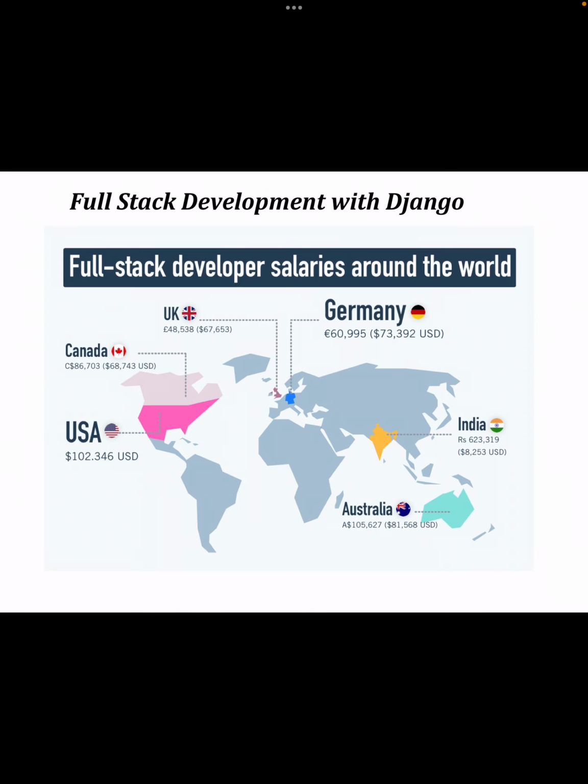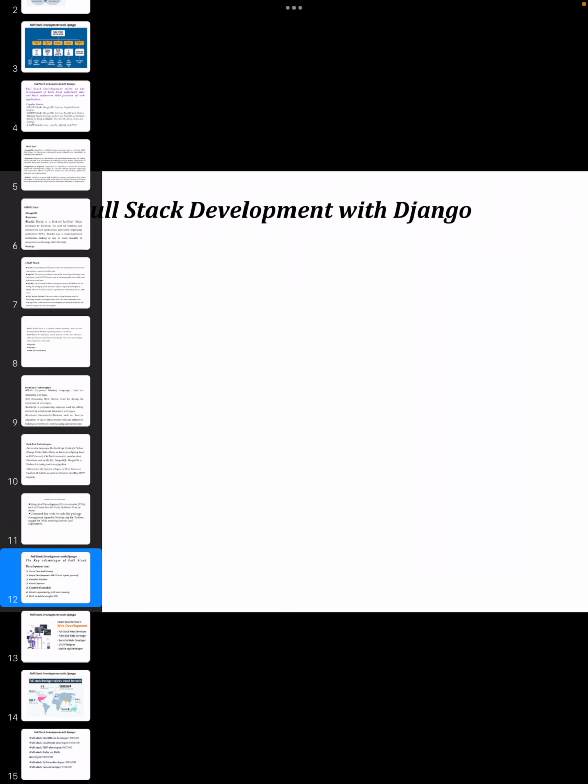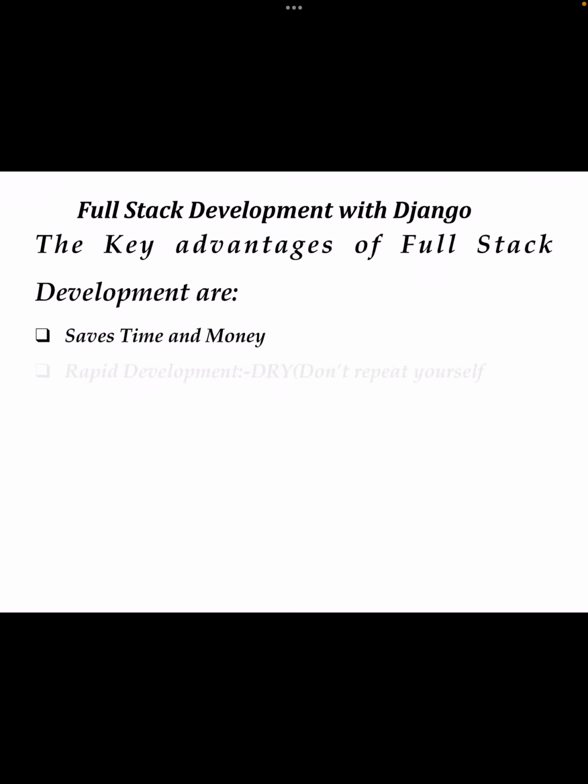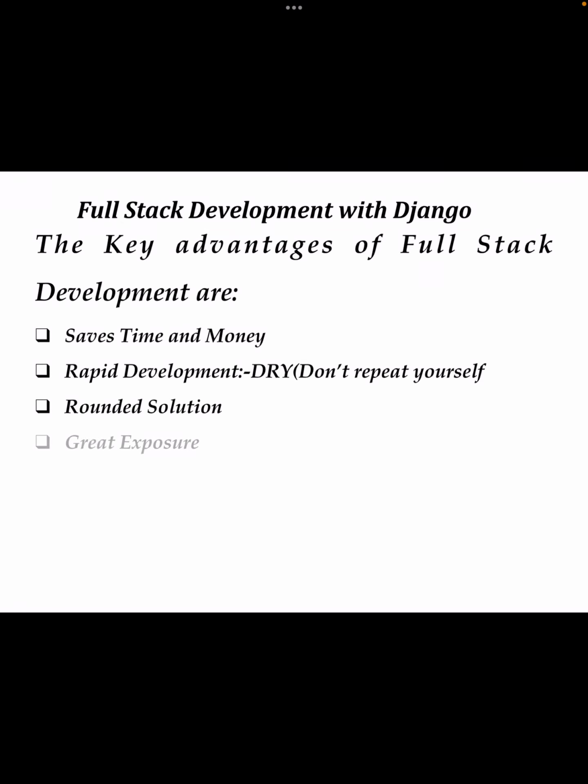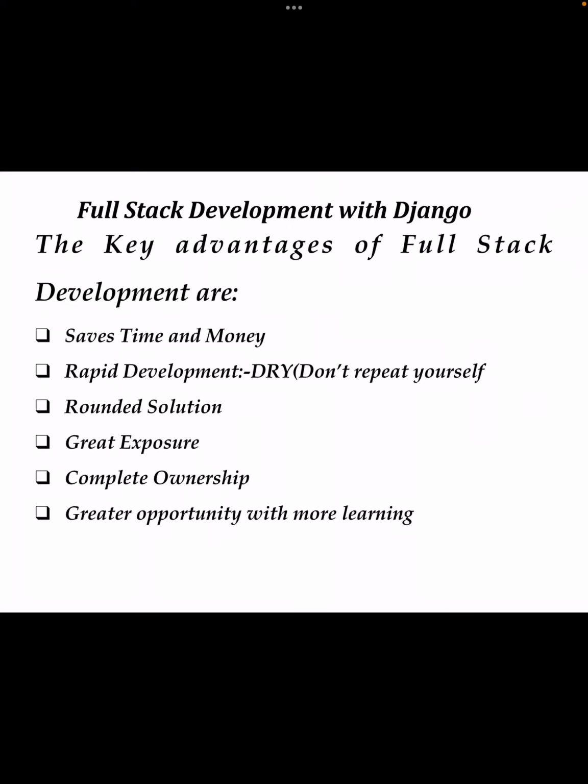Since Django is an inbuilt framework, everything is built in, and we just have to write a piece of code according to our requirements for the development of our application. And since we use Django with Python, a versatile language which can be used in various domains like artificial intelligence, machine learning, IoT, it gives great exposure and provides a rounded solution for each and every field.